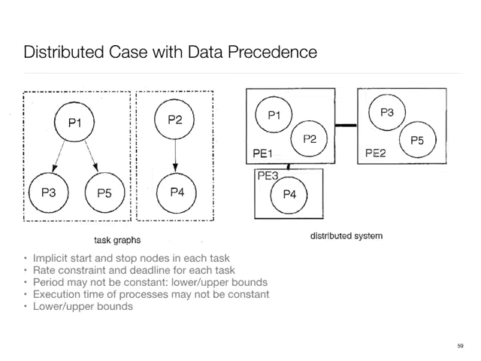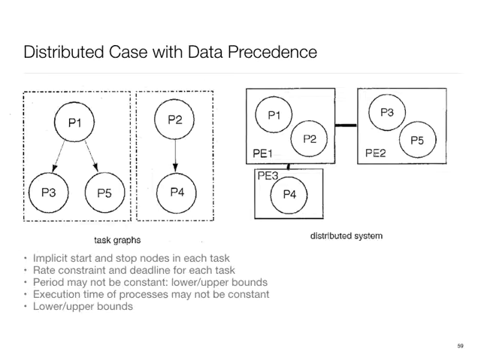So P1 has to run before P3 and P5. With some period, P1 is invoked, like every time some sensor data comes, P1 runs, and then P3 and P5 run. And then I have another cluster of tasks, P2 and P4, which may have a different rate. Every time input comes for P2, then when P2 finishes, P4 runs. And I may have deadline requirements on these things.